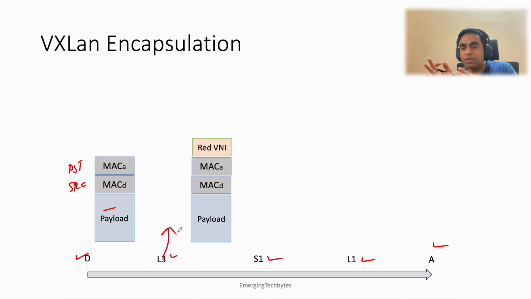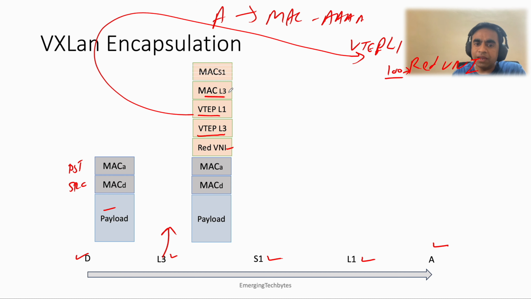So now it needs to forward the packet. To forward the packet, it needs the MAC addresses as well, right? So it will put its MAC address, which is L3's MAC, and then S1 MAC.